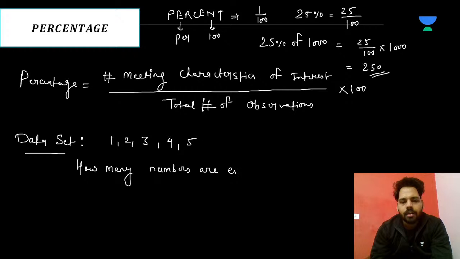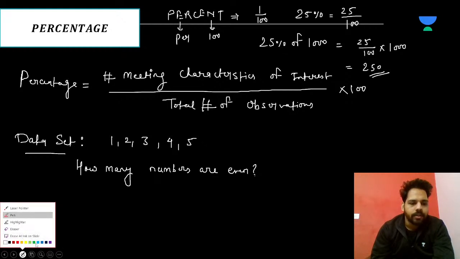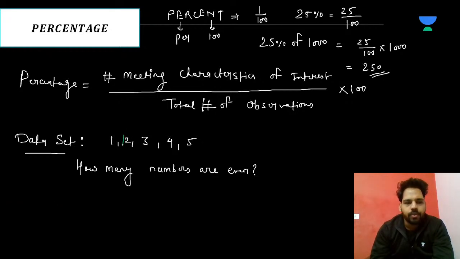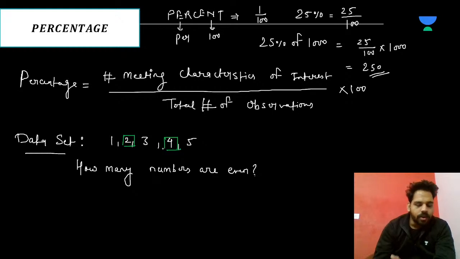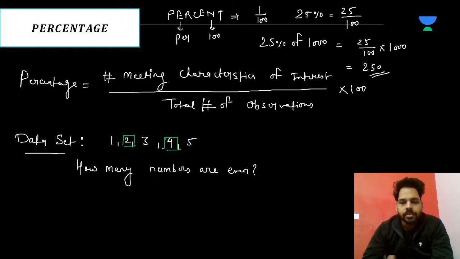When we talk about even numbers, you know very well: 2 is even, 4 is even. You know now that two values here are even. That's it. So I am asking you about the percentage of it.